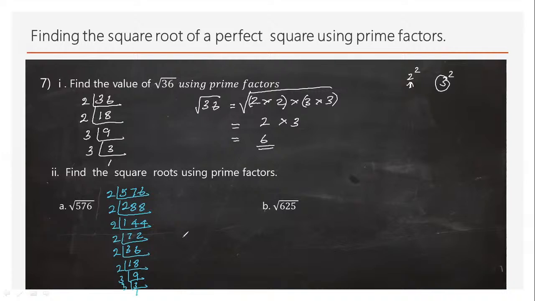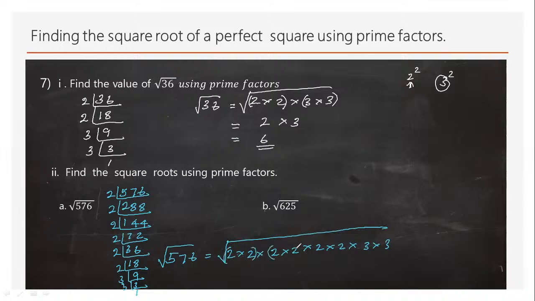Then you have to get the square root of 576. You can write the square root of 2 into 2 into 2 into 2 into 2 into 2 into 3 into 3. Couple these.